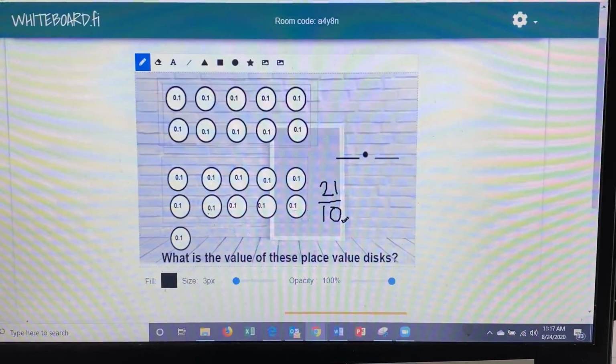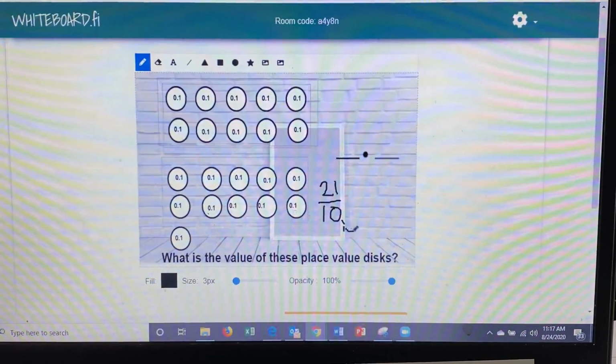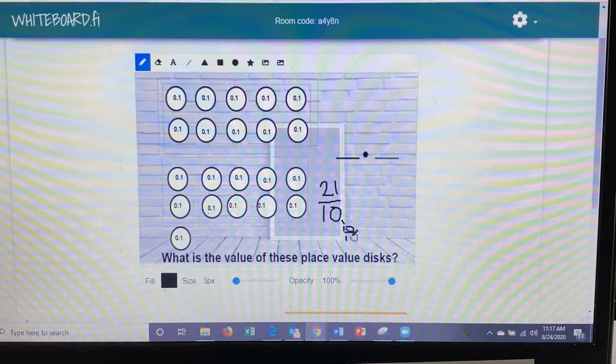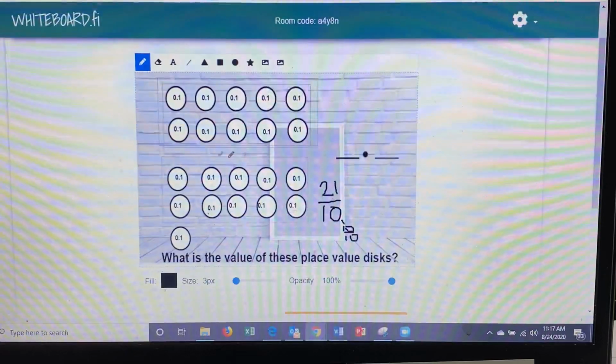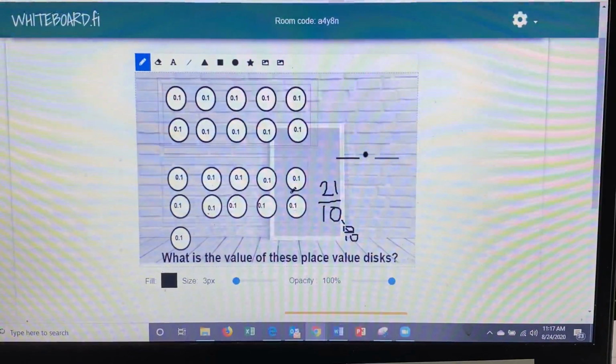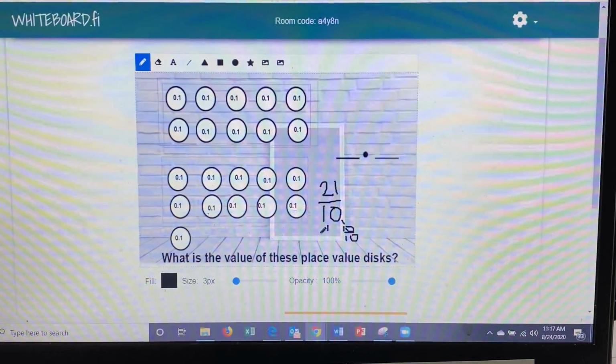I'm going to show that in part of a number bond. 10 tenths. But I know I'm not done because there was some more. Here, if I look, there was another group of 10 tenths. I'm going to show that on my number bond as well.